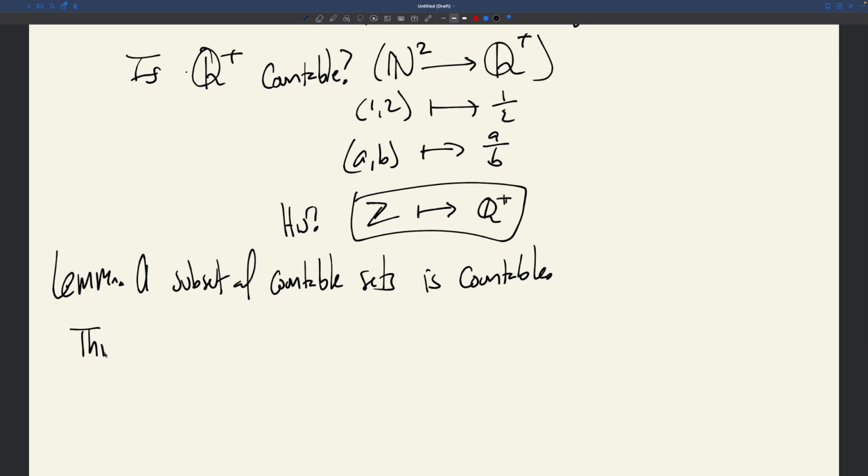The idea, and I don't even know if I provided this in the lecture, is basically just taking as many tuples as you want to generate a singular element. A subset of a countable set is countable.